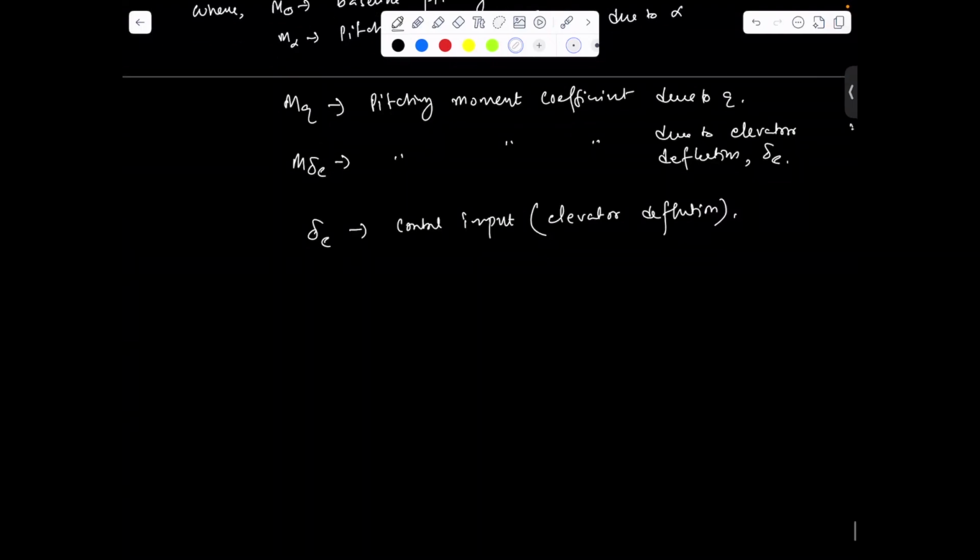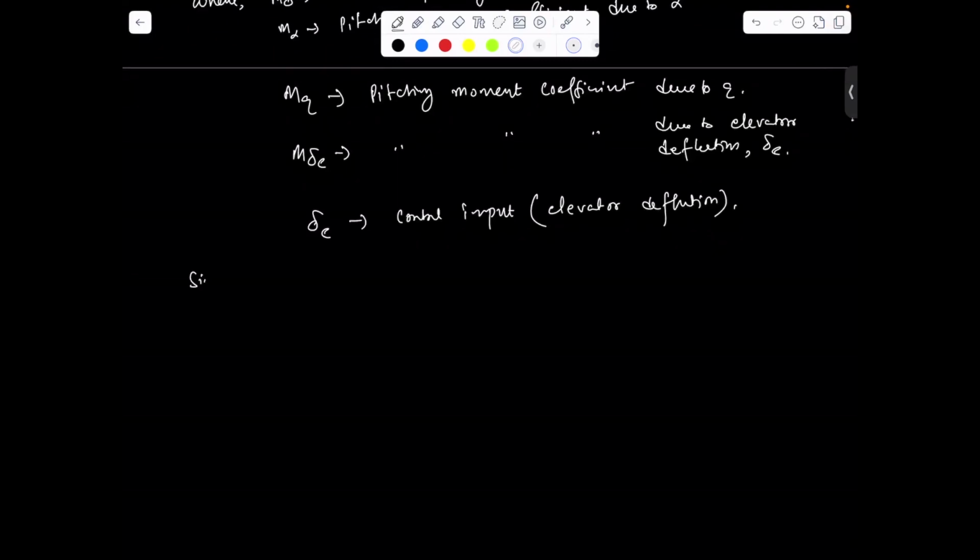Now, similarly, the lift and drag are functions of alpha and V, that we know. So L equal to half rho V square S CL, a function of alpha, and drag D equal to half rho V square S CD, a function of alpha.